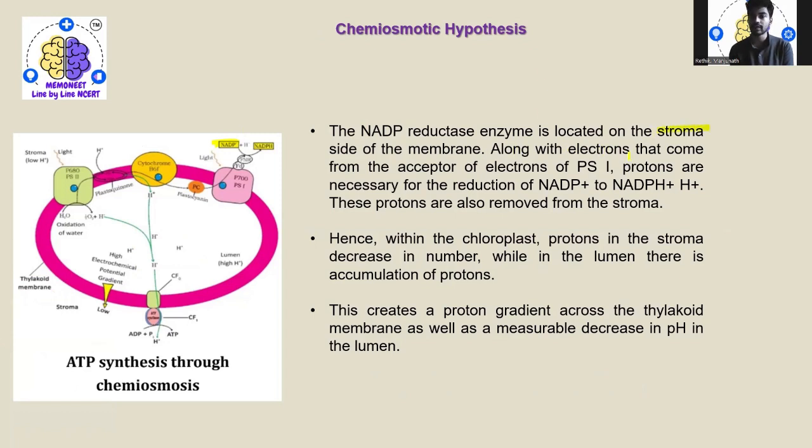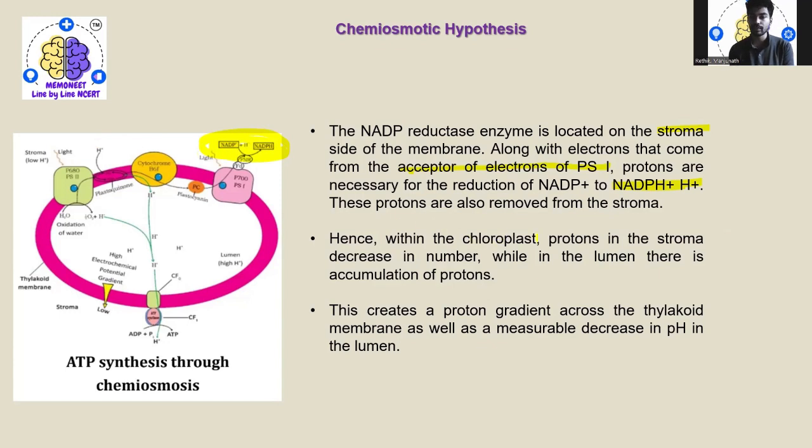Along with the electrons that come from the acceptor of the electron of PS1, protons are necessary for reducing NADP to NADPH plus H plus ions. These protons are also removed from the stroma. So from NADP we get NADPH plus H plus ions, and these protons have to be removed.